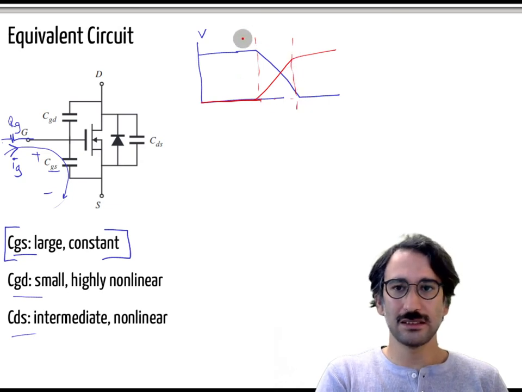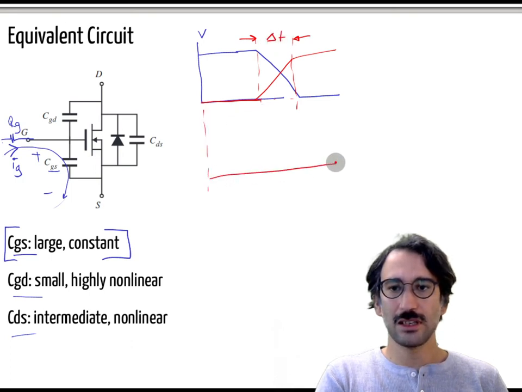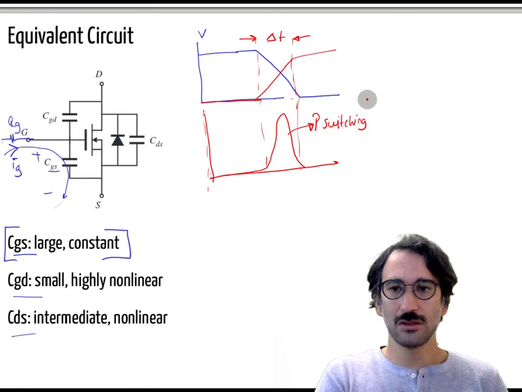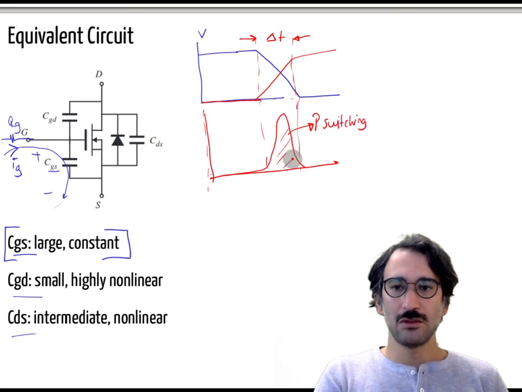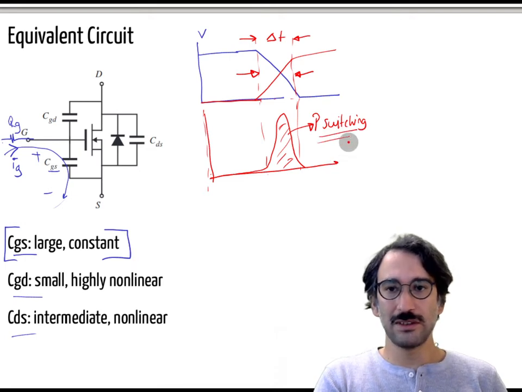Again, it's not as simple as that, but just for the discussion, you will have some transition time, and if you multiply the voltage and current, you will have the switching loss. Usually reducing that turn on or turn off time will have a positive effect to reduce your switching losses.